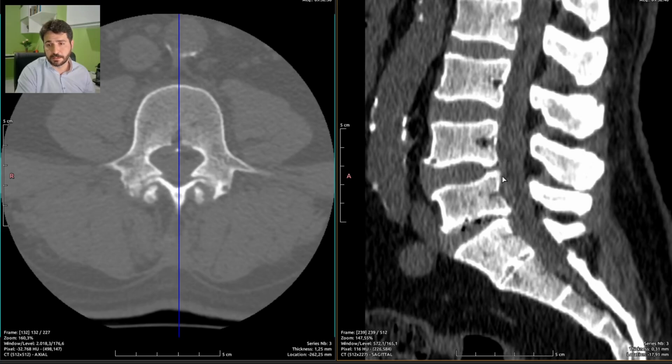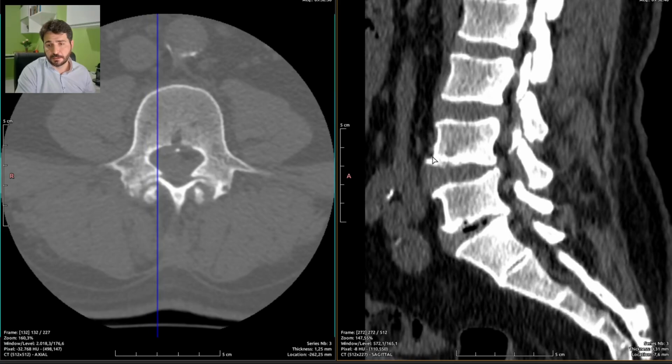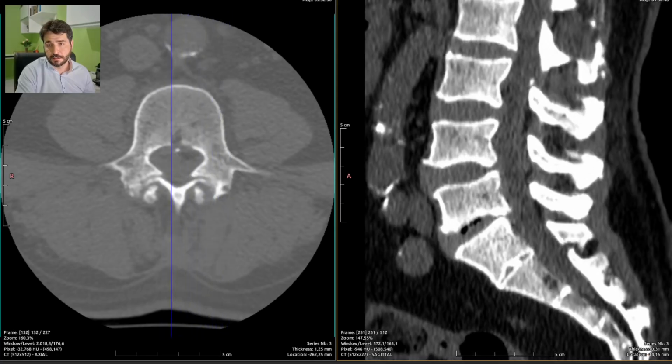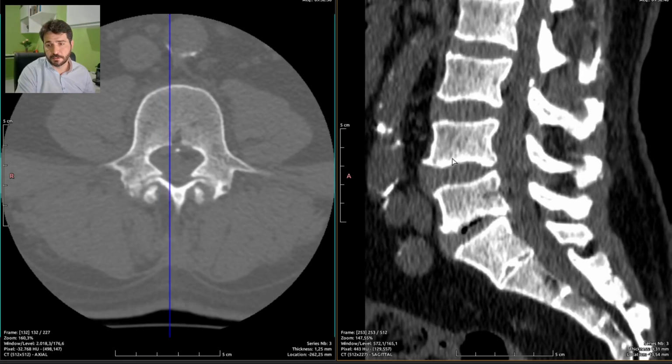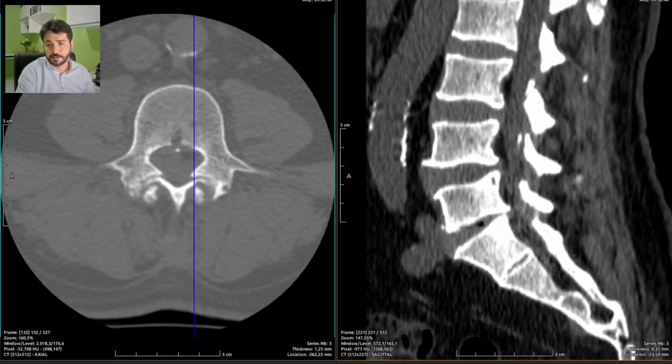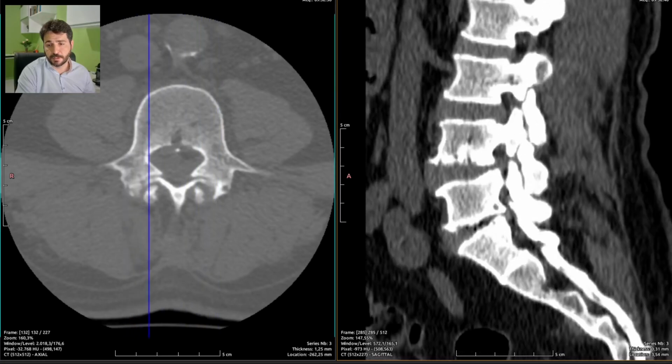There is a disc herniation right here and a disc herniation associated with the heterolisthesis right here. So this is major. This is a diffuse bulging disc. This is a protrusion, this is a diffuse bulging disc, and this is also a diffuse bulging disc. This is all over the place.